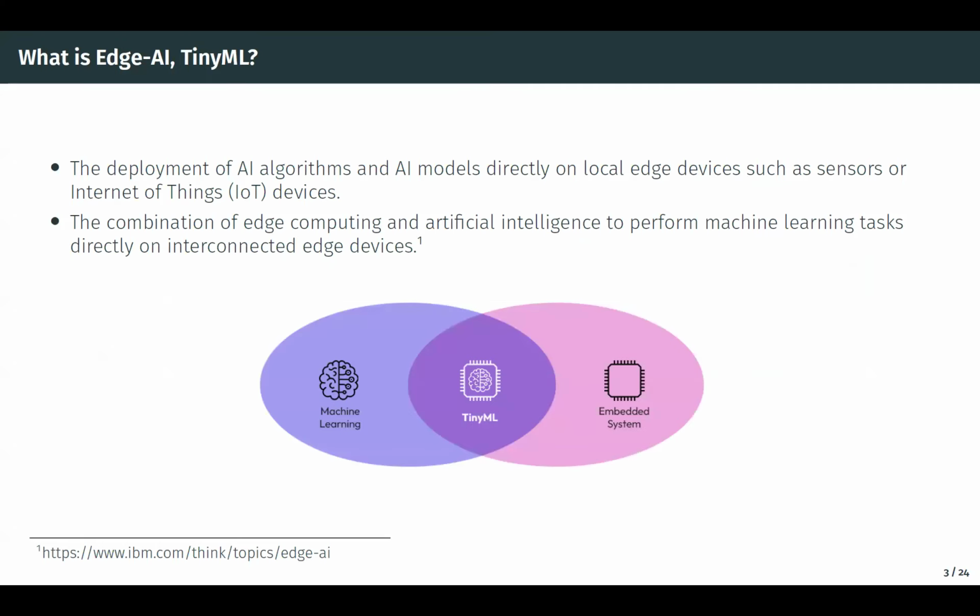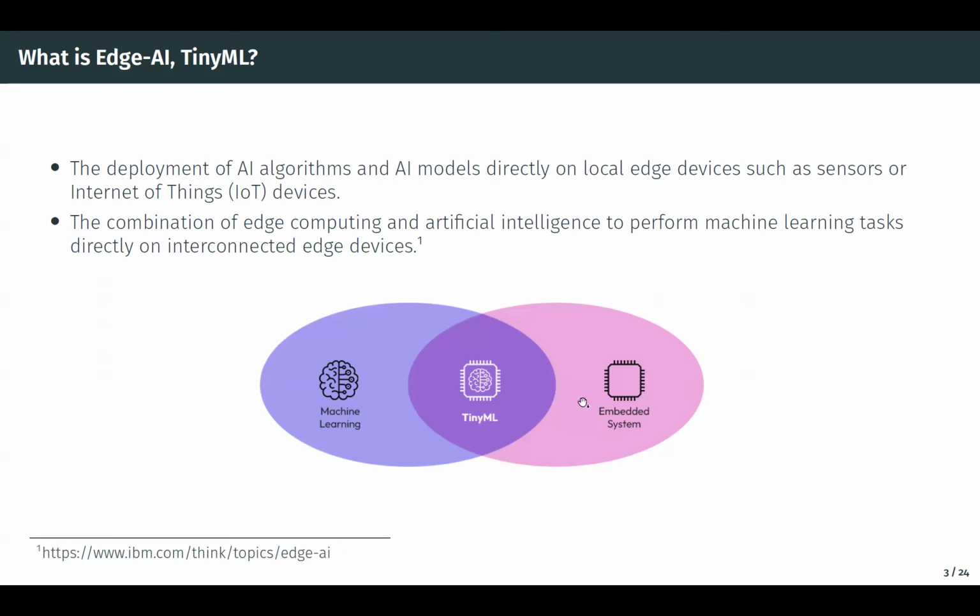So let's talk about Edge AI. What is Edge AI? When we started with machine learning back in 2012, when deep learning had started, it required lots of compute, and lots of people were experimenting using really high-end GPUs and resources.